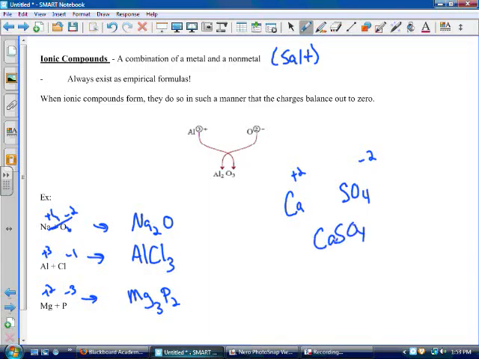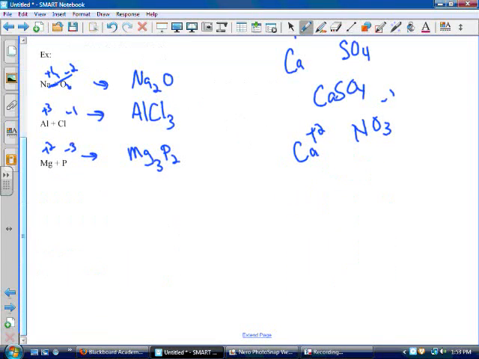Now, when I have a situation like calcium +2 and nitrate -1, in this situation, I have a polyatomic ion and a metal. Again, I cross over. The 2 is going to come down here. The 1 is going to come down here. When I put them together, Ca is 1.